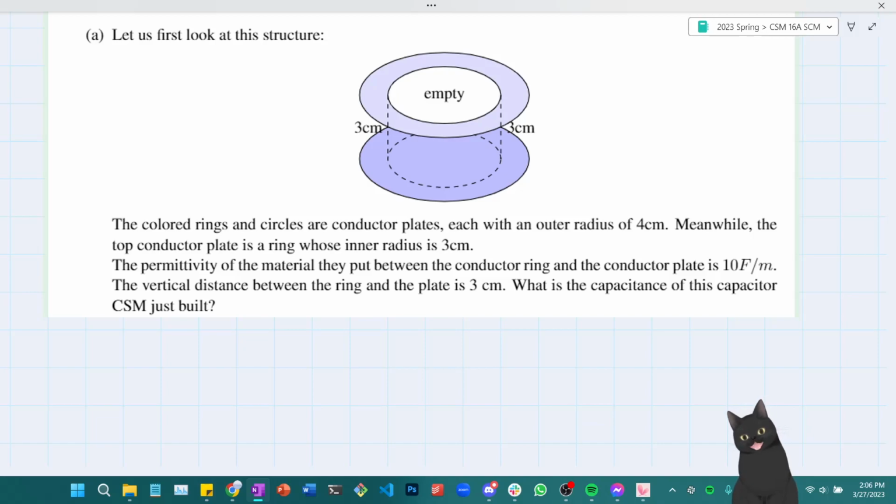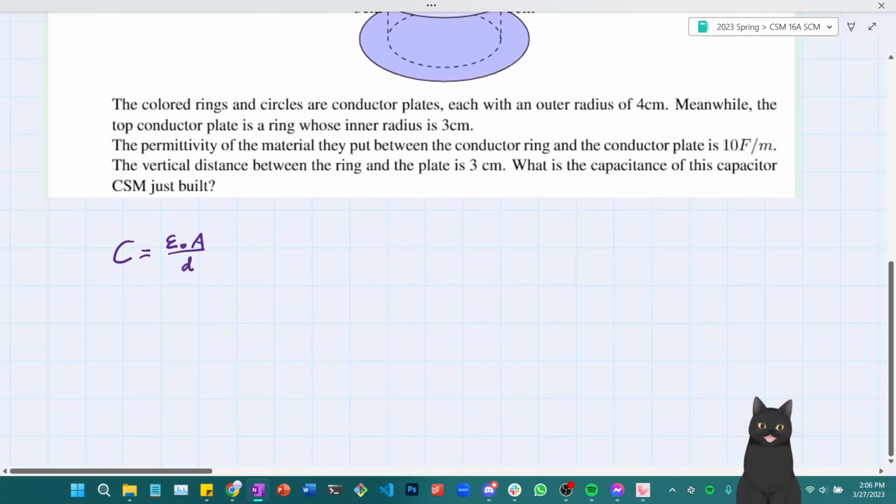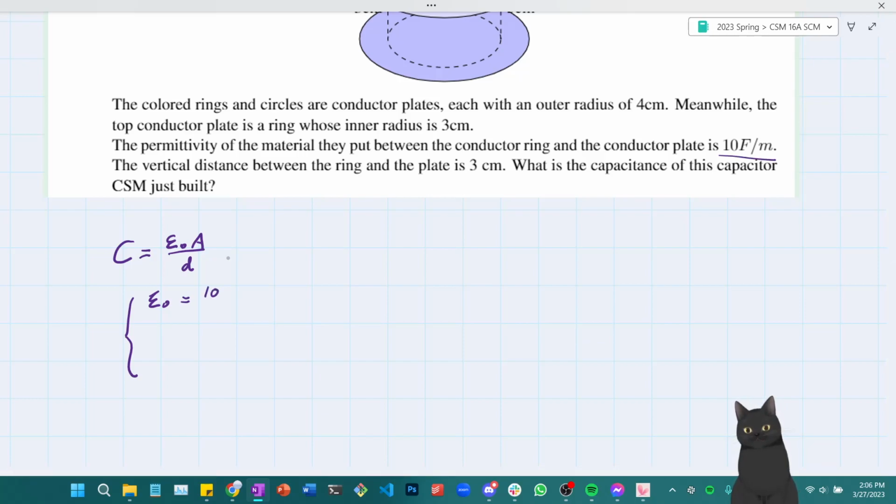Let us remind ourselves that the capacitance of a capacitor, as spoken in the previous part, is equal to C equals epsilon A over D. Here, mind that epsilon is the permittivity of material between the conducting plates. So we know that this is equal to 10 farads per meter.